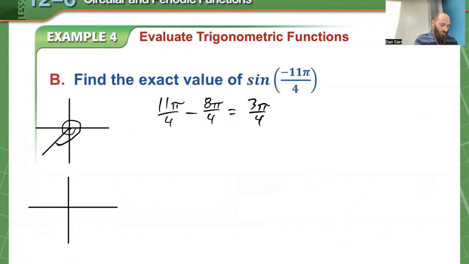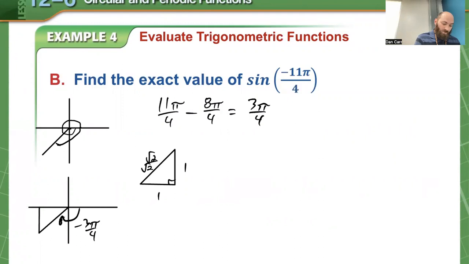Let me just redraw it real quick. With that 3 pi over 4, I'm creating the isosceles right triangle, a 45, 45, 90. That's going to go right here, negative 3 pi over 4. I'll write this down as my reference triangle. Again, I want everything in terms of 1 for the hypotenuse, because that's what the radius is.